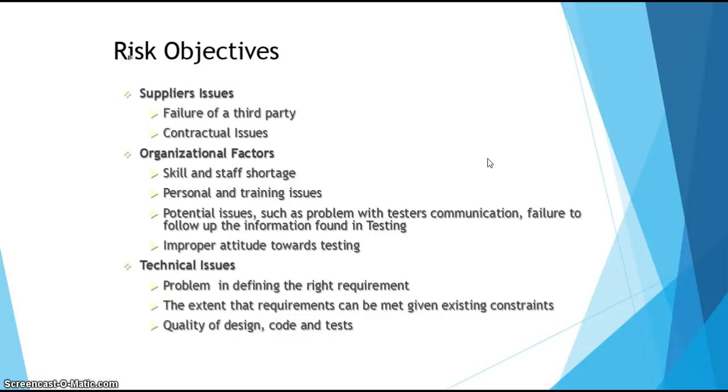Now there are lots of risks which have to be considered in a test plan. So one of those risks is failure of a third party to deliver your third party applications on time.